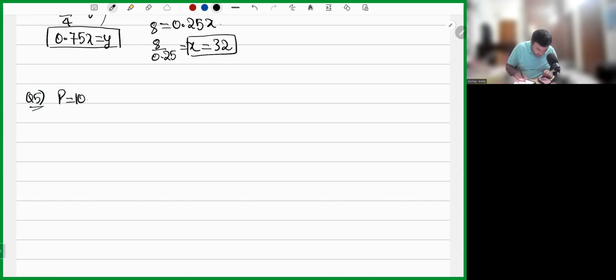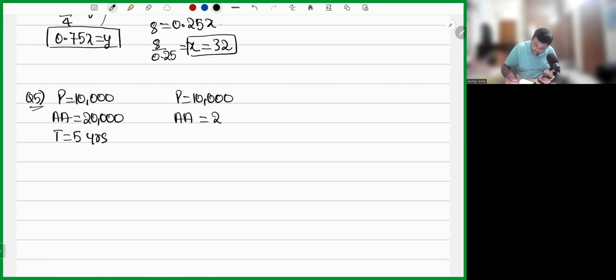Principal is 10,000. Accumulated amount is 20,000, since it doubles. Time period is 5 years. Again, same principal 10,000. He is asking what is the accumulated amount after 20 years.